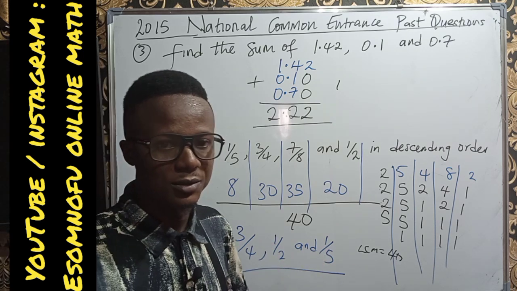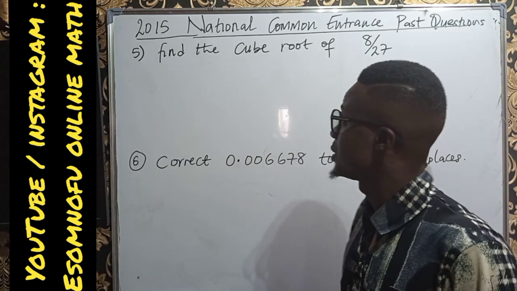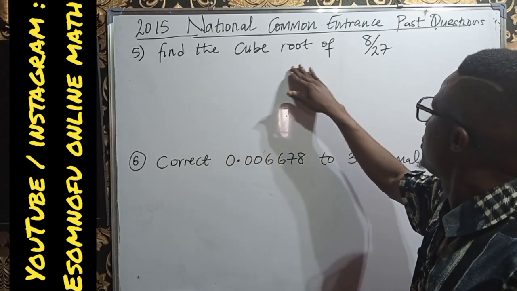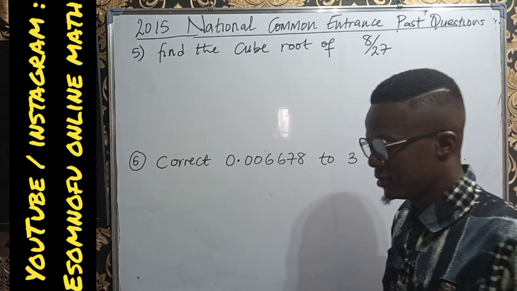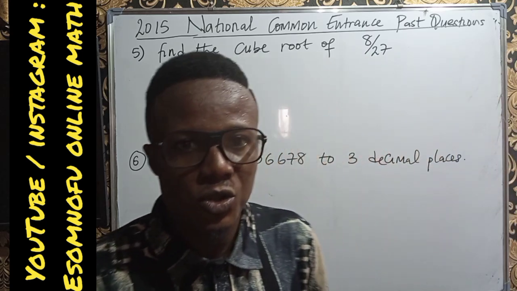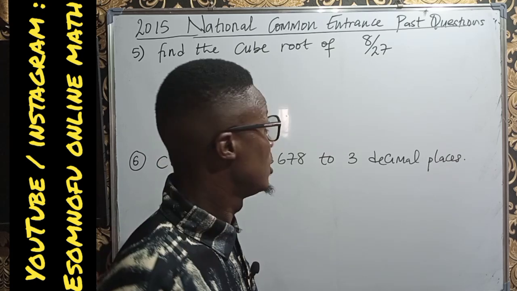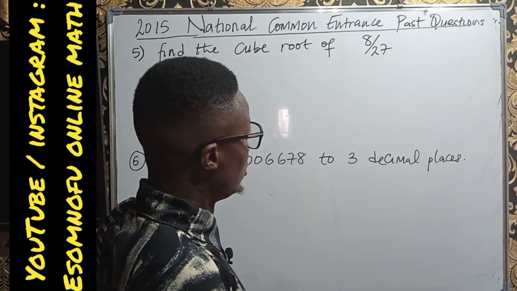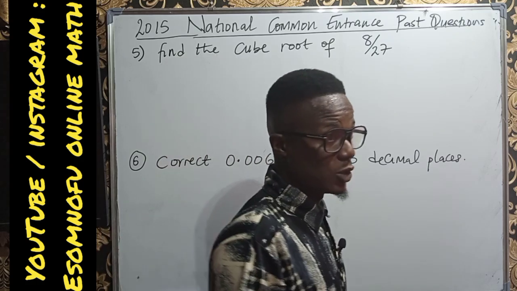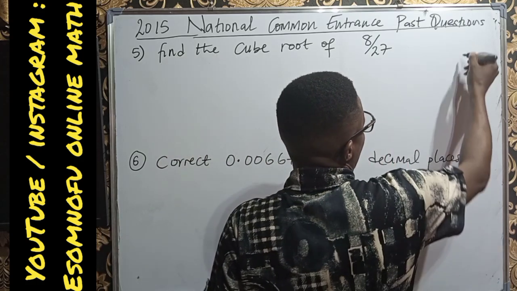Let's take another question. The sixth question here says we should find the cube root of 8 over 27. Just like we have square roots, we also have cube roots. To get the cube root of a number, let's say I want to get the cube root of 64.